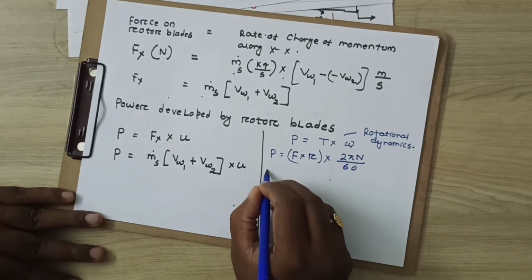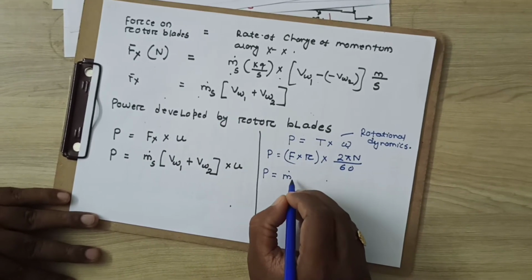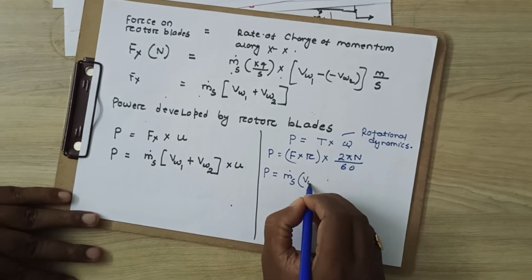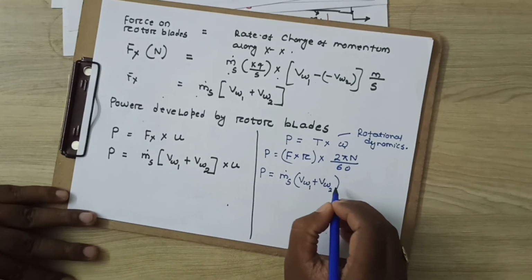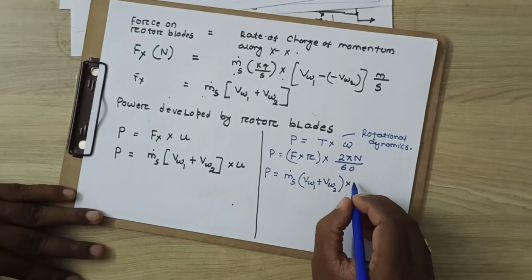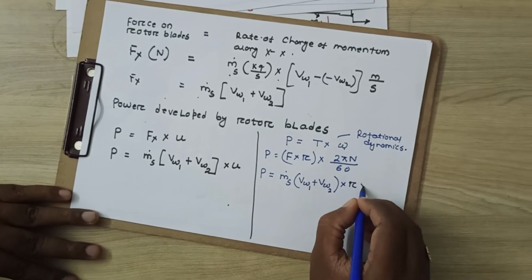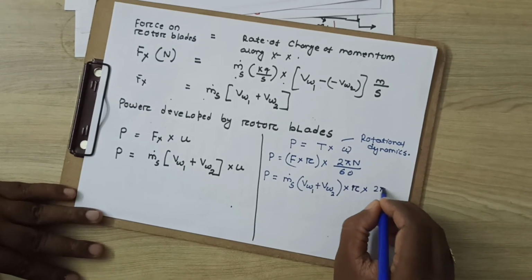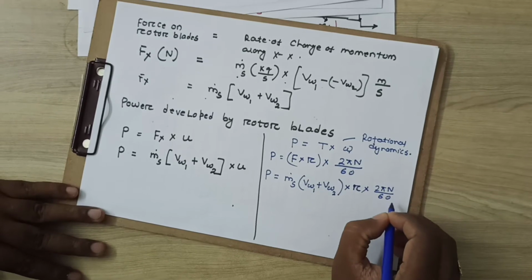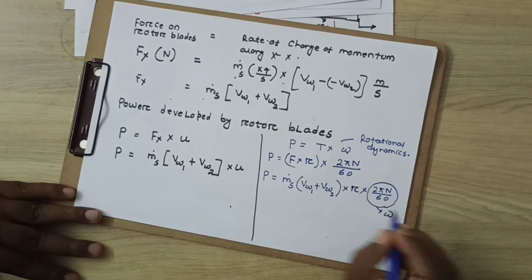So in place of F, I can write m dot s into Vw1 plus Vw2, into R, into 2 pi N by 60. What is this 2 pi N by 60? This is omega.